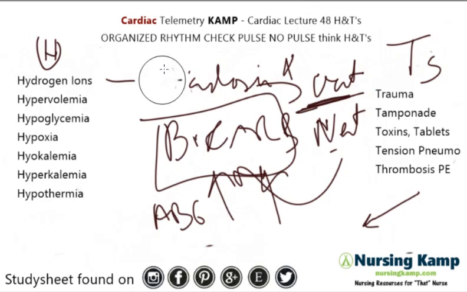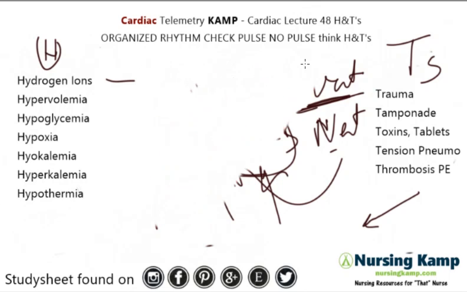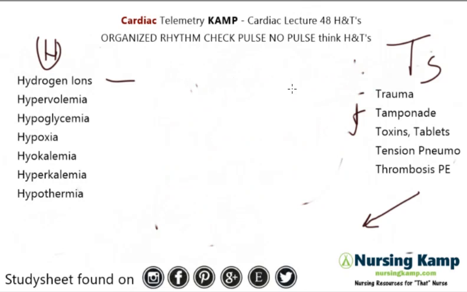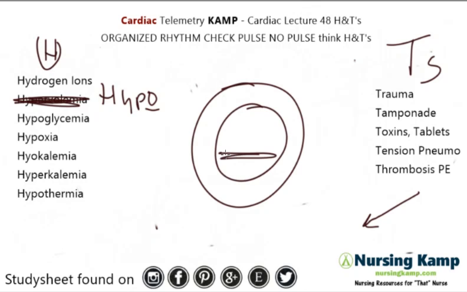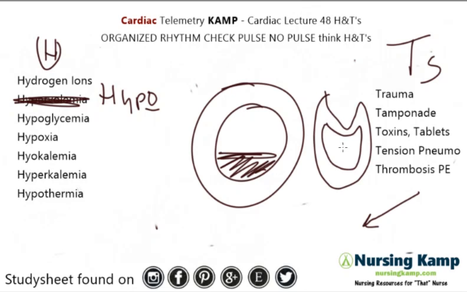The next is hypovolemia. Oh, that's supposed to say hypovolemia. Hypo. And that makes sense because there is no fluid on board. So if you were to feel for the pulse, for example, you wouldn't feel a pulse.